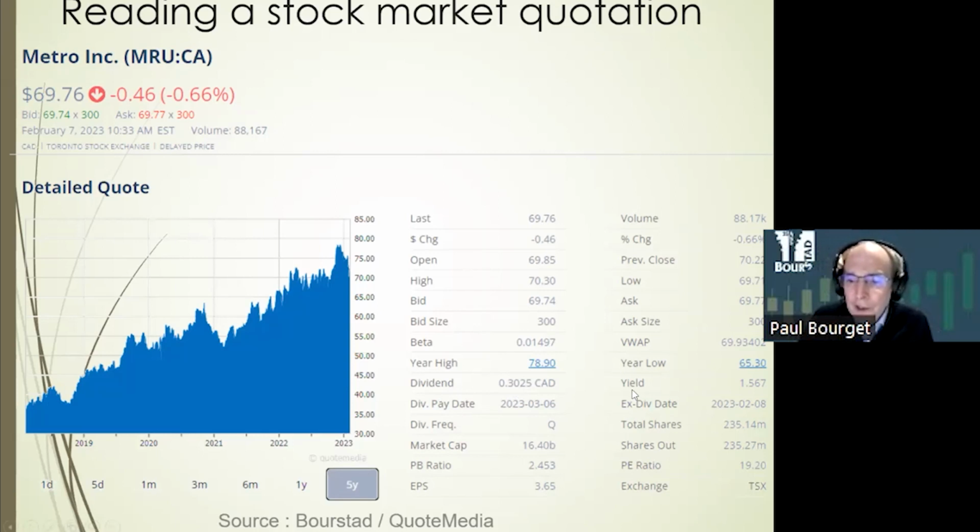This represents a yield of 1.6% per year. So $1.21, if you are paying $70 to buy a share, is a 1.6% return per year for the dividend. Okay.